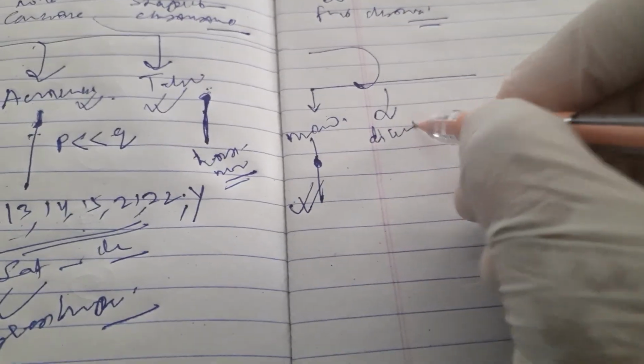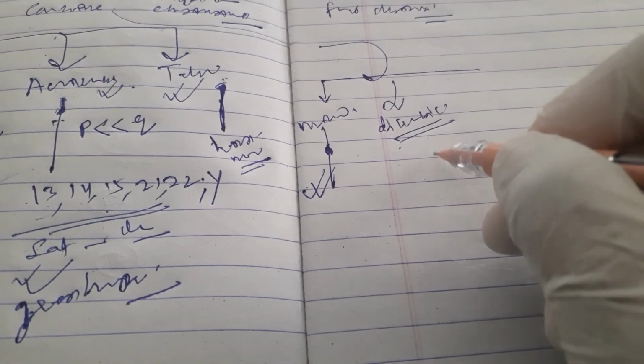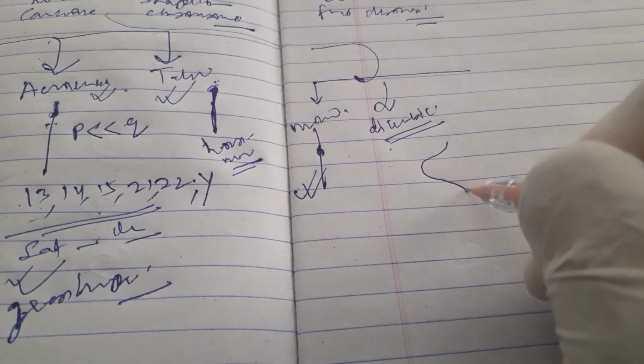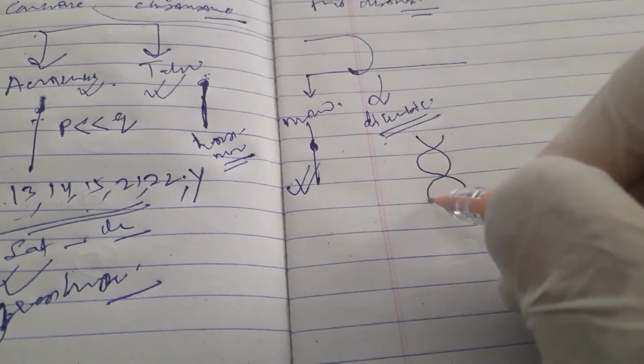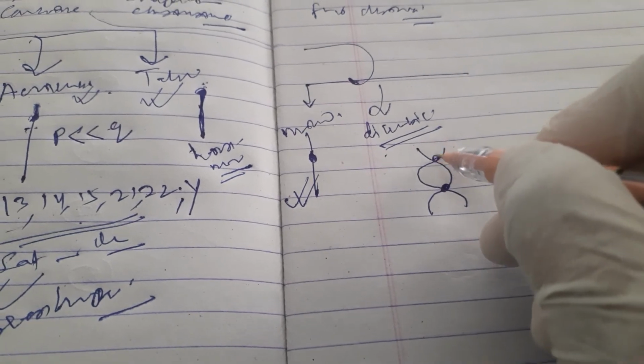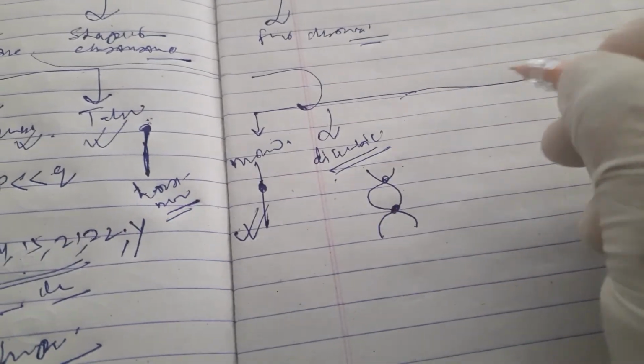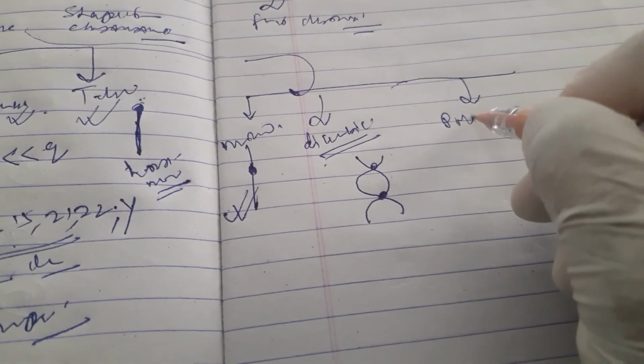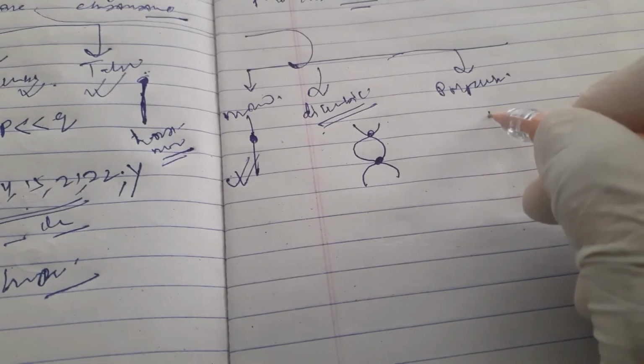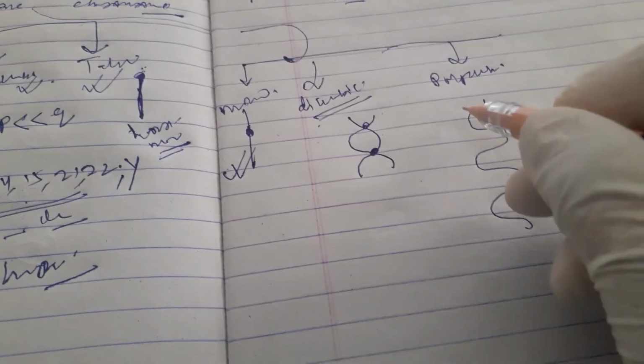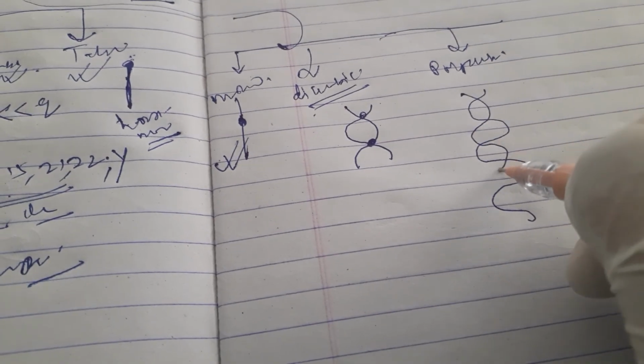Now dicentric, in which there are 2 centromeres, one is this and one is this. Another one is polycentric, in which there are many centromeres.